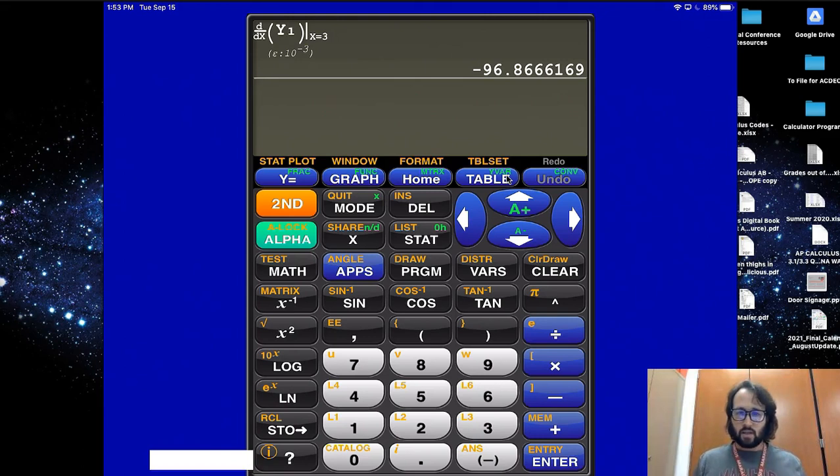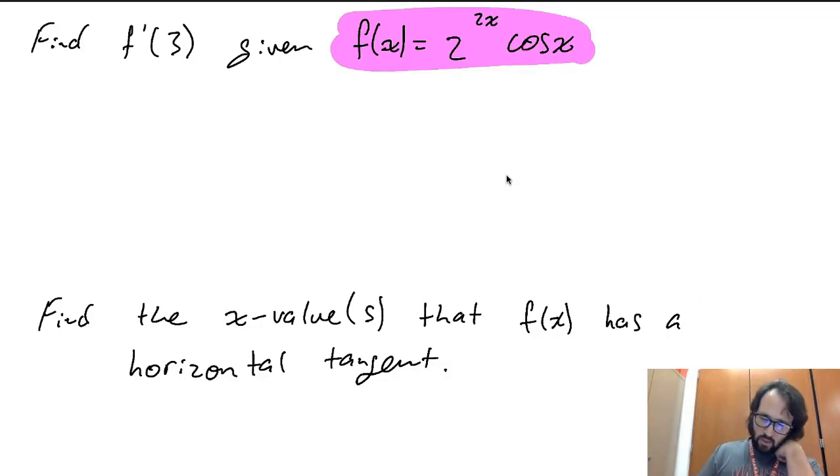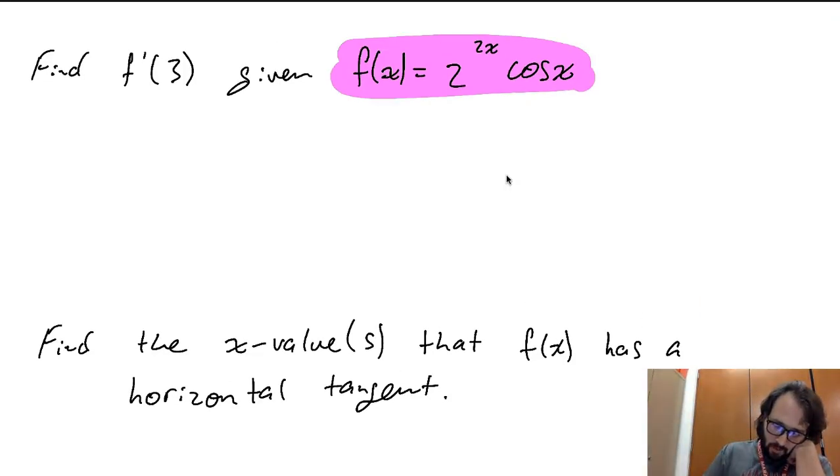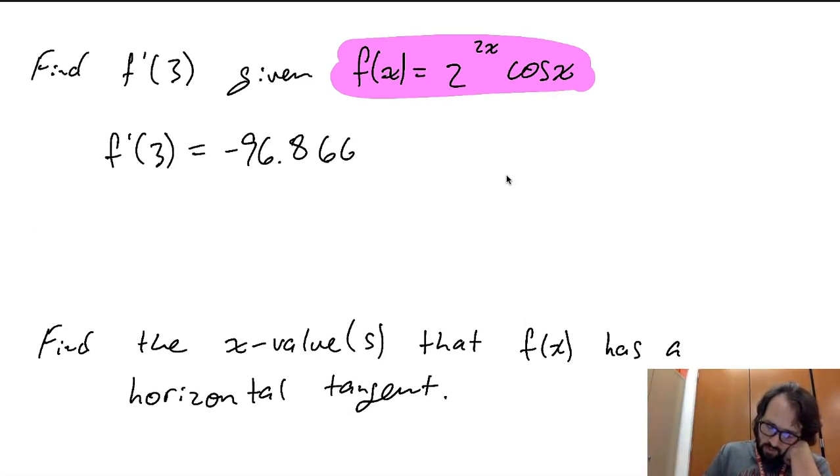Well, that is negative 96.8666. So f prime of 3 is negative 96.8 followed by the devil's number. And let's make sure I didn't have to round that. Nope, I didn't. That is how I would leave my answer right there.